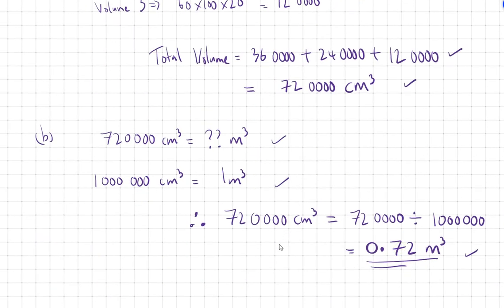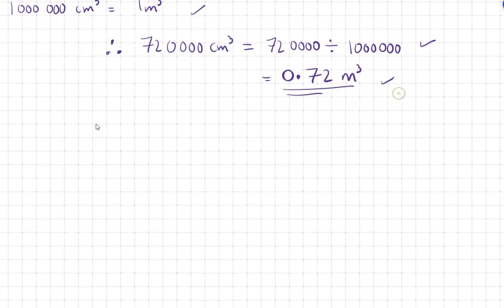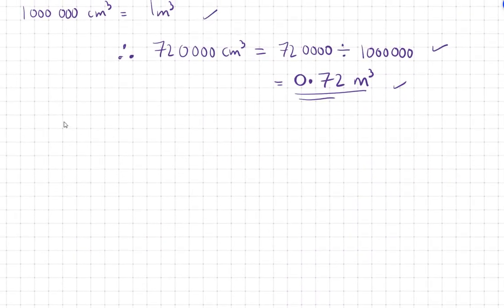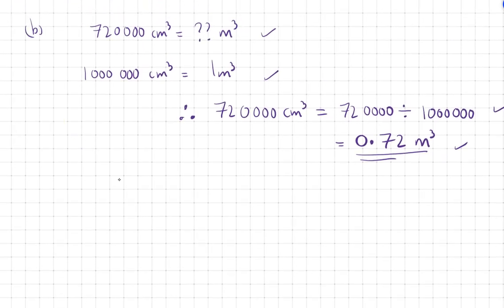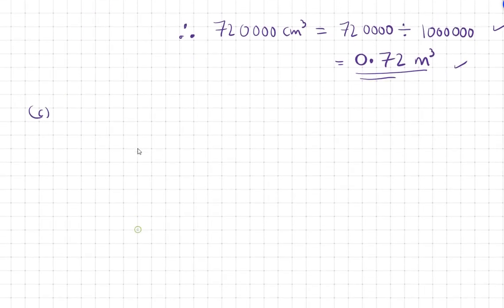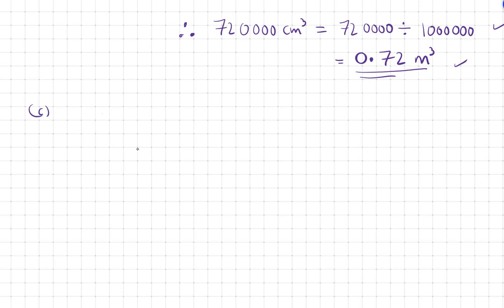So here we need to recall the equation. Question C. The density is equal to mass divided by volume, and we're looking for mass, so therefore put an arrow: mass is equal to density times the volume. The density, we know it is 2400.